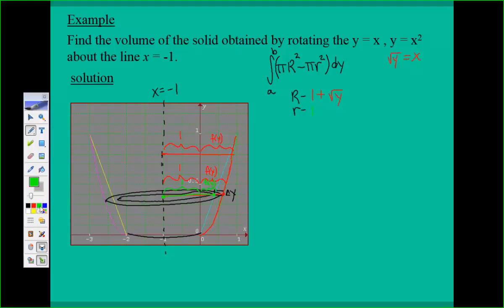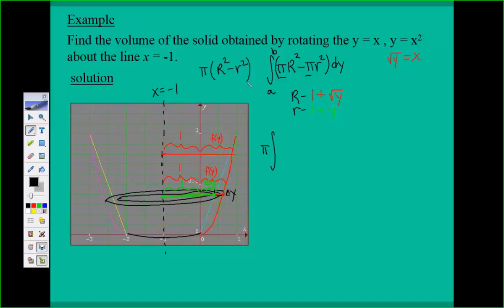Now back to the inside function, that is just y equals x. So we'd have 1 plus y. Setting up our integral, I'm going to factor out the pi. So this becomes big R squared minus little r squared.